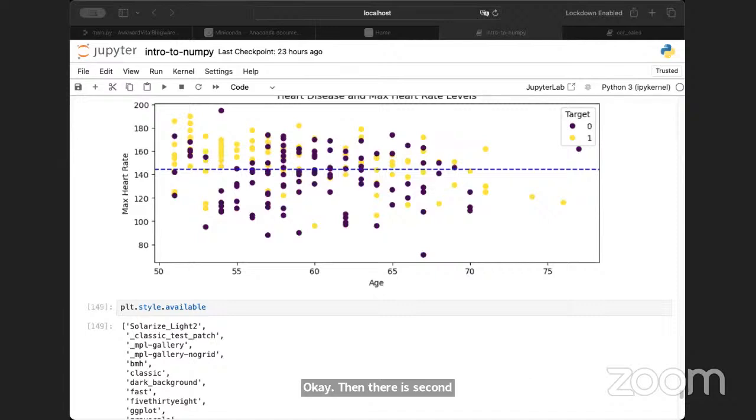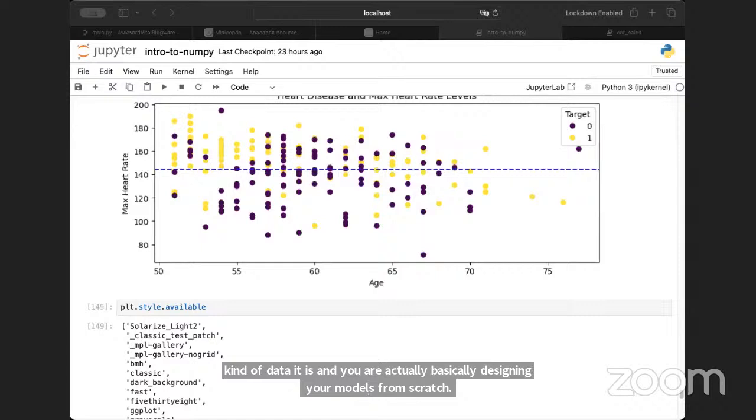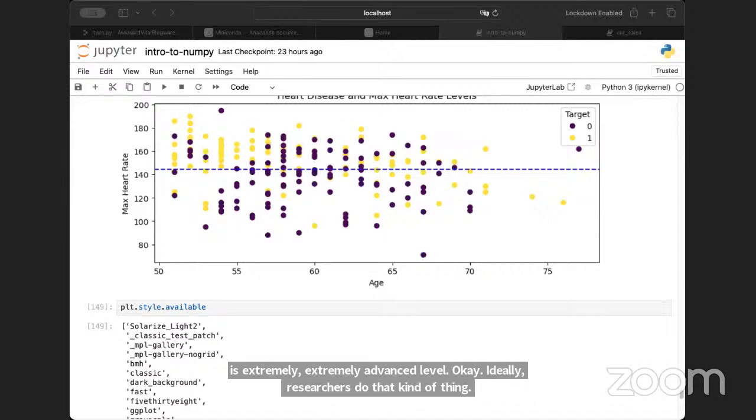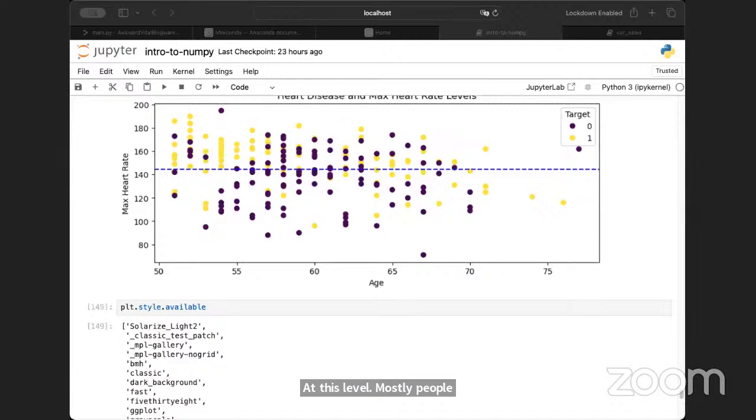For example, you don't even know what kind of data it is, and you are basically designing your models from scratch. So you are doing much heavier customization, but that is extremely advanced level. Ideally, researchers do that kind of thing. Even at that level, a lot of people just use libraries. However, sometimes you need to do some customization, and that is where the advanced level comes in.